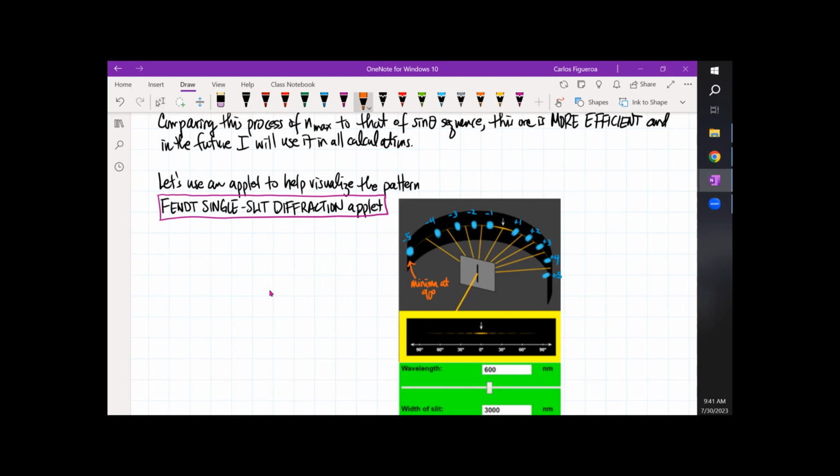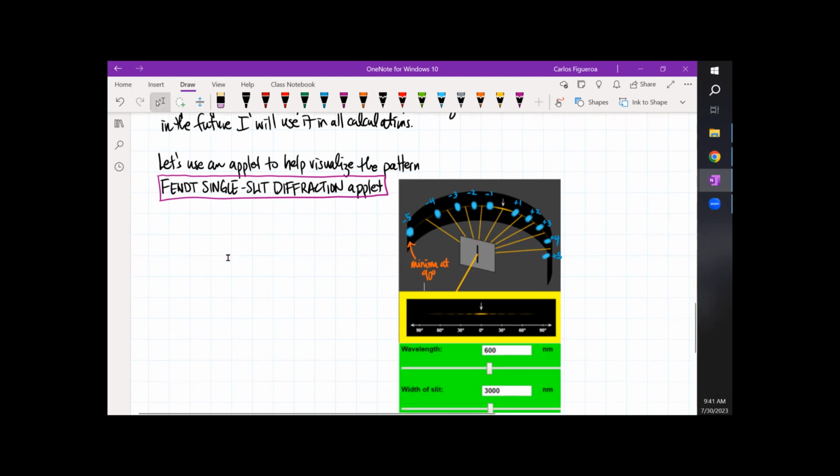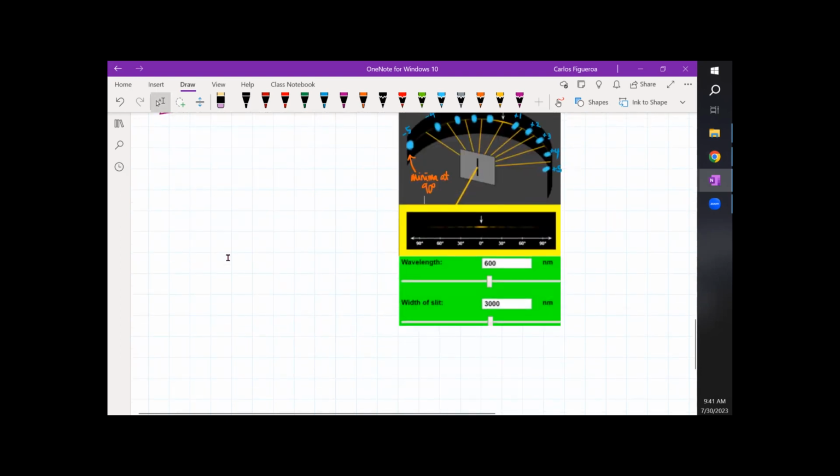In this case, it's -90 degrees. So what I'm going to start to do here is move away from even looking at the sequence and just look at the pattern to show you that we can go immediately to what the diffraction pattern is just by looking at the fraction parameter.